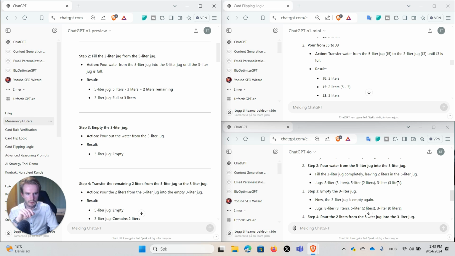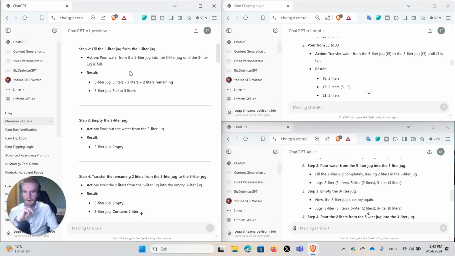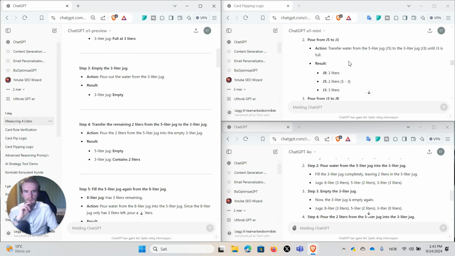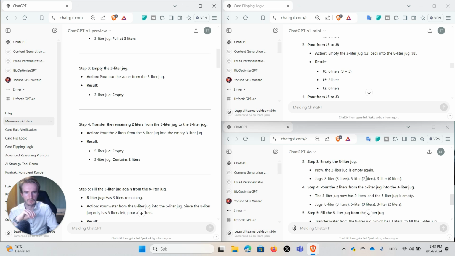Yeah, 3-liter jug completely full, 2 liters there. Okay, so we're still on the same page between these 3 different steps. That's good. So let's see here, pour out the water from the 3-liter jug. So the 3-liter jug is empty.